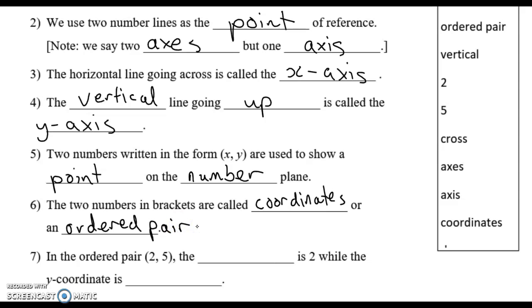In the ordered pair (2, 5), the x-coordinate is 2, while the y-coordinate is 5.